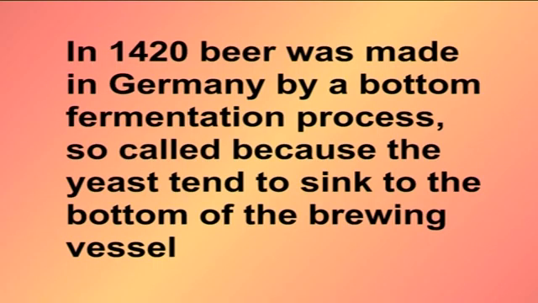The basic techniques of brewing came to Europe from the Middle East. In 1420, beer was made in Germany by a bottom fermentation process, so called because the yeast tend to sink to the bottom of the brewing vessel. Before that, the type of yeast used tended to rise to the top of the fermenting product and was allowed to overflow or was manually skimmed.